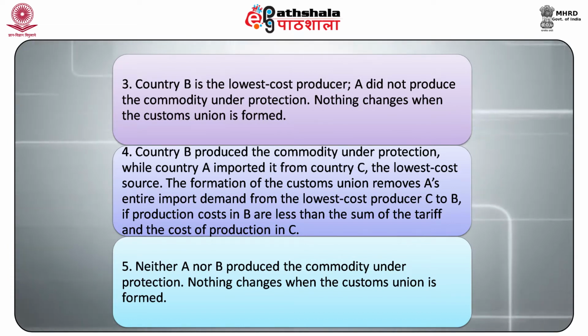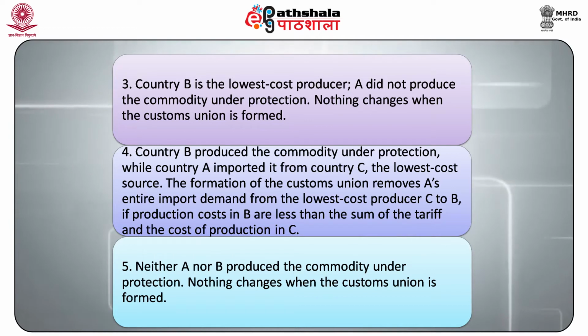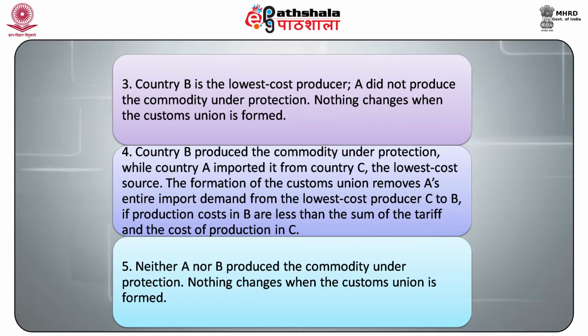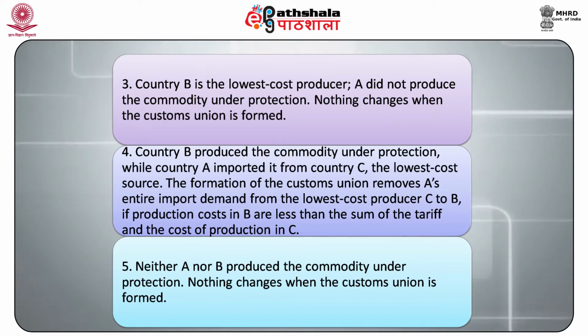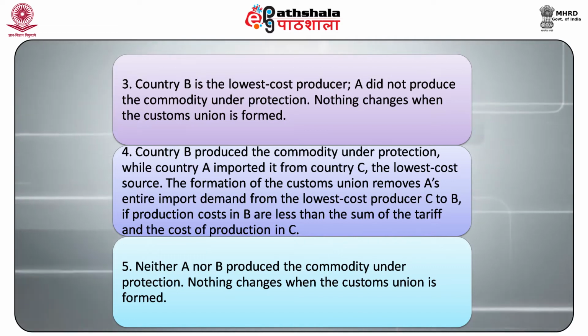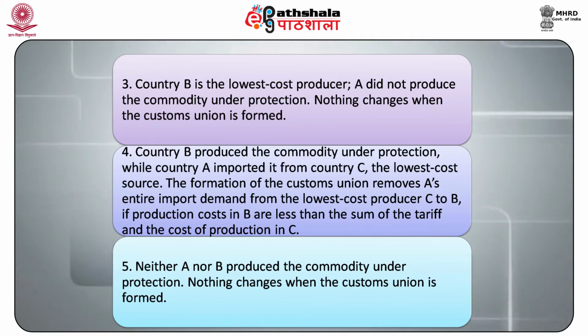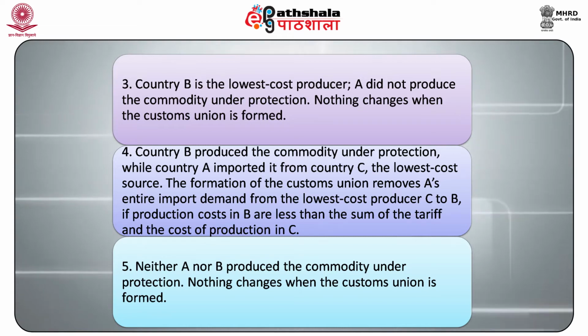The formation of a customs union shifts A's entire import demand from the lowest cost producer C to B, if production costs in B are less than the sum of the tariff and the cost of production in C. Fifthly, neither A nor B produce the commodity under protection. Nothing changes when the customs union is formed.